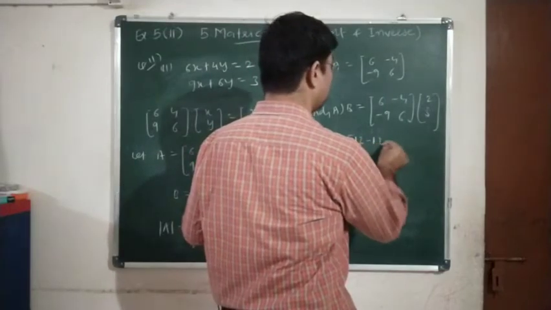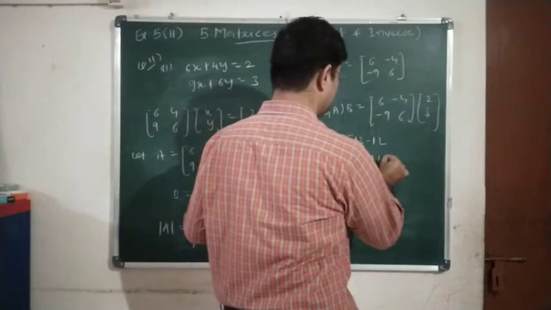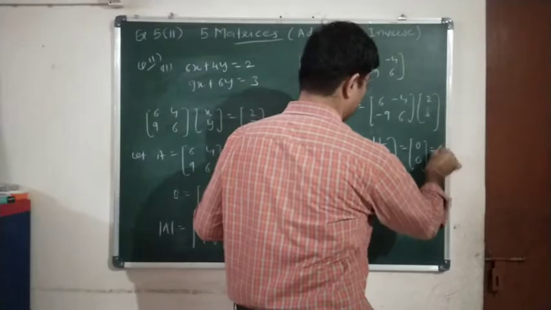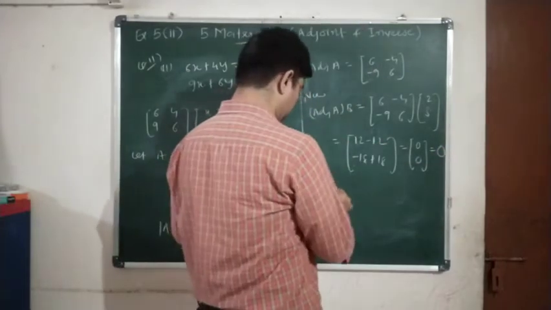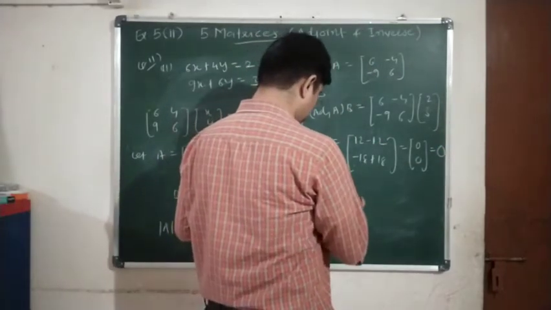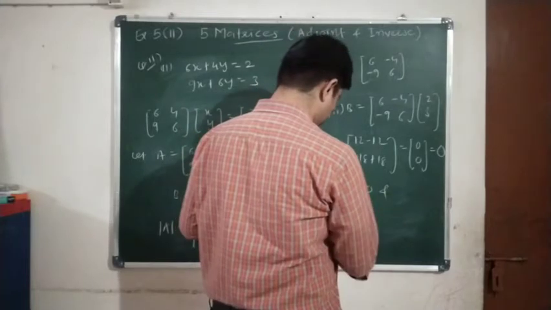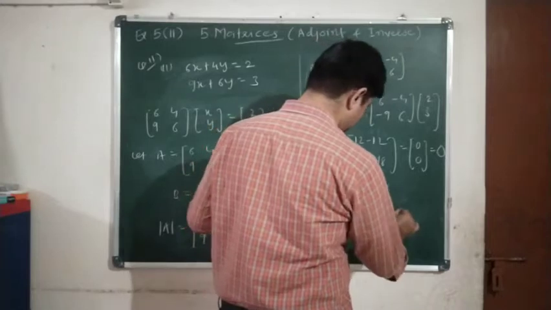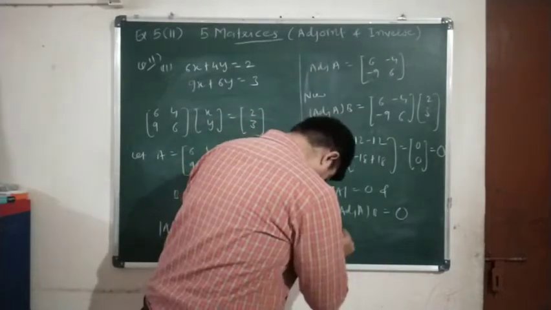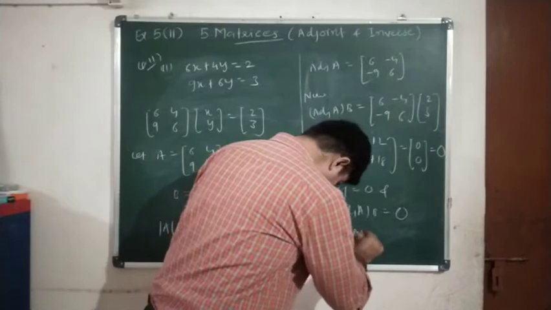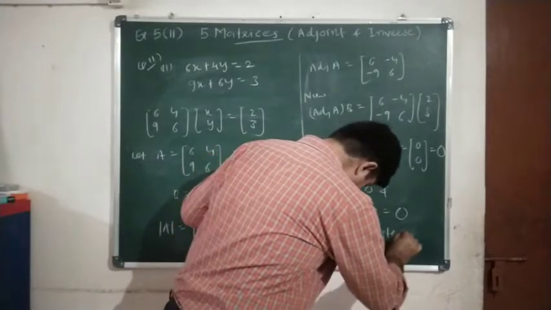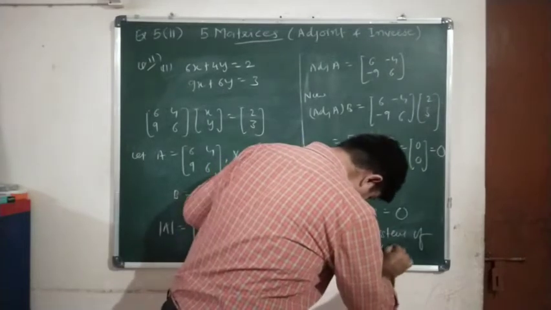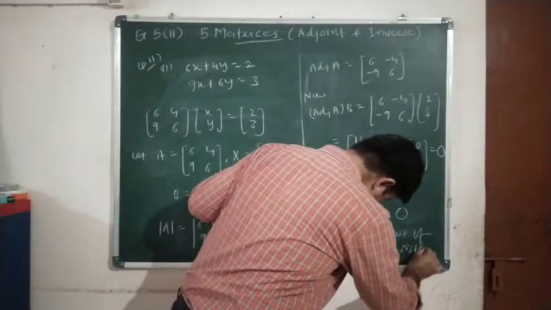12 minus 12, minus 18 plus 18 is equal to 0, 0, which is the null matrix. Therefore the determinant of A is 0 and adjoint of A into B is a null matrix, and therefore the given system of equations is consistent.